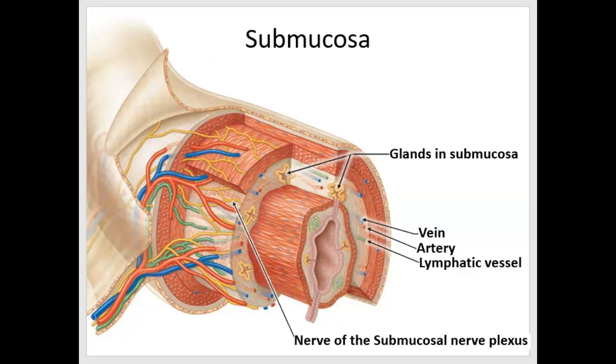Enteric means gut or alimentary. This enteric nervous system functions semi-autonomously without input from the central nervous system, or the peripheral for that matter. And it regulates both digestive motility, or contraction, as well as digestive secretions.